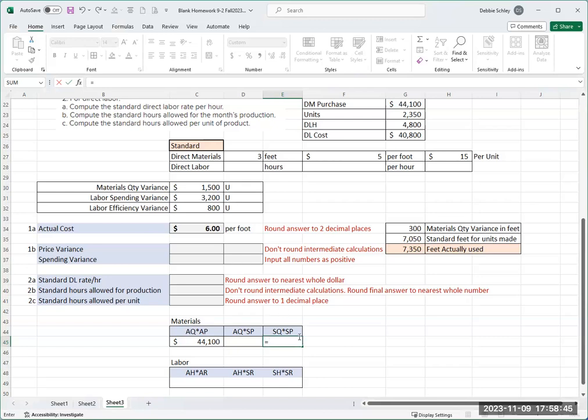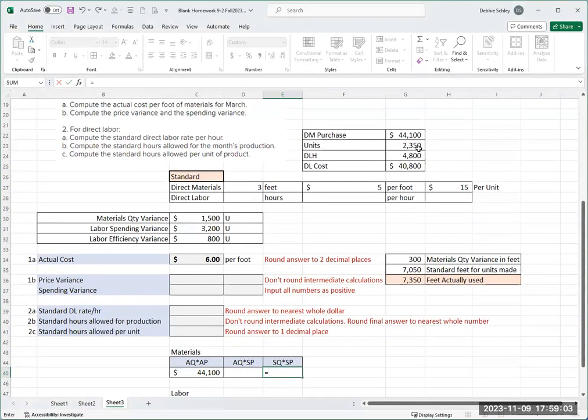And sometimes for this last one, for number 3, we actually have to take 3 numbers to get to this answer because for SQ, we have to times the units, times the amount per unit, then times it by the standard price. So units times the feet per unit, now times the standard price per foot.